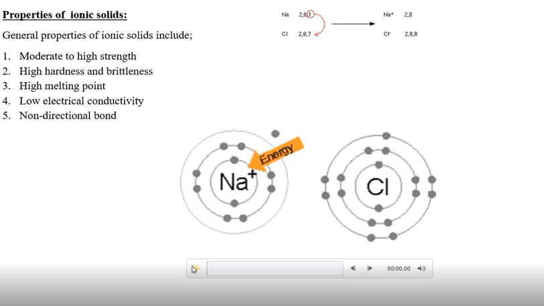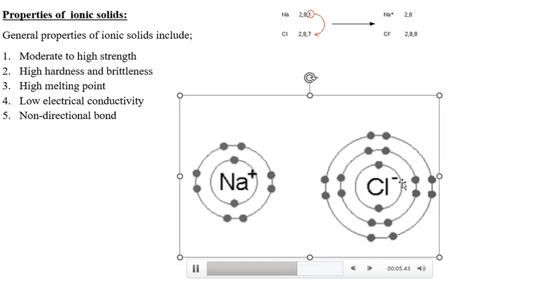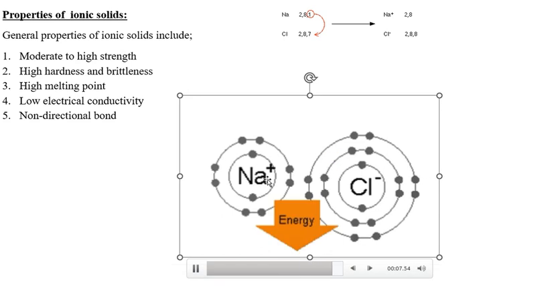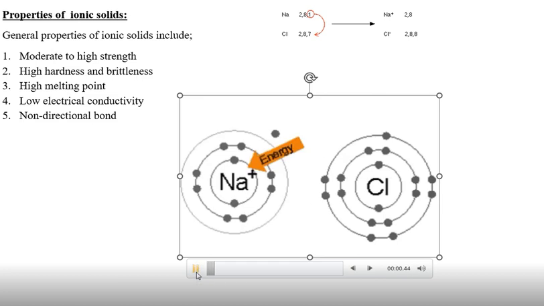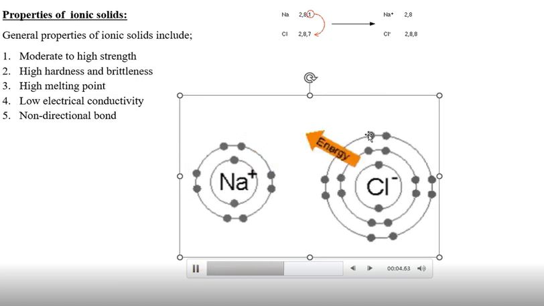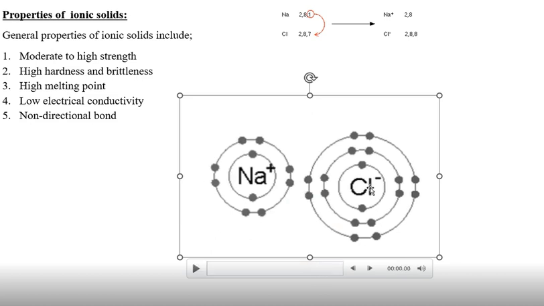Right? Here you can see, this one electron goes to chlorine and now it becomes sodium plus, and this is chlorine minus. Right here, this electron is removed and it goes to chlorine. Then it is chlorine minus and sodium plus after, right? Then properties of ionic solids.